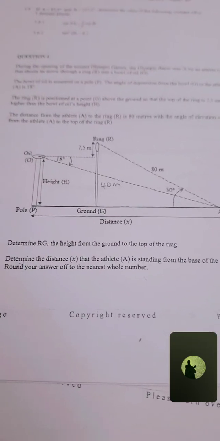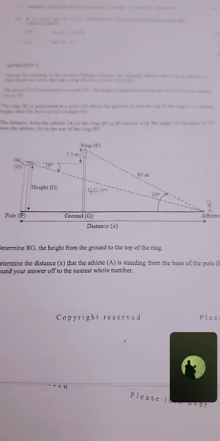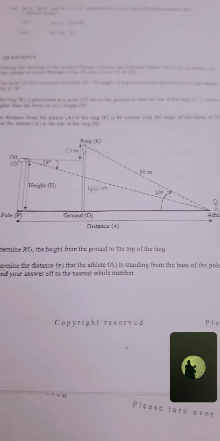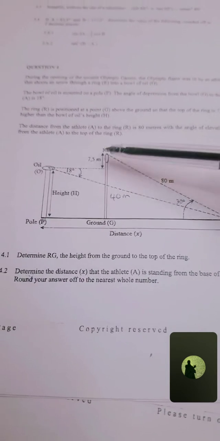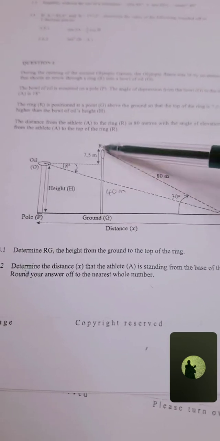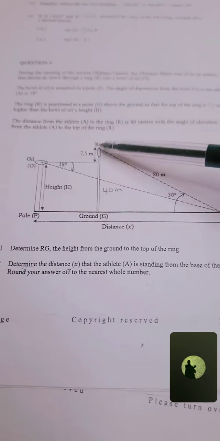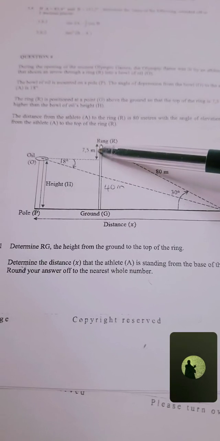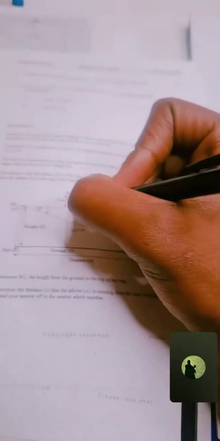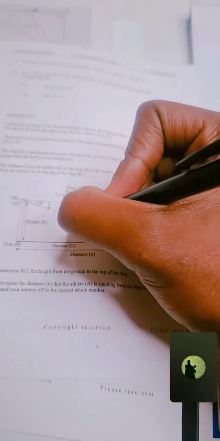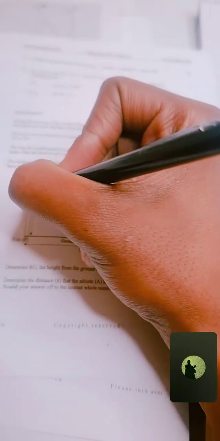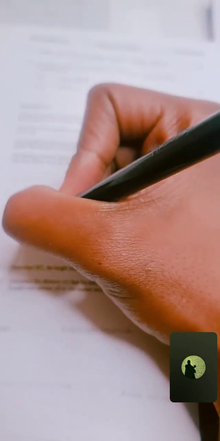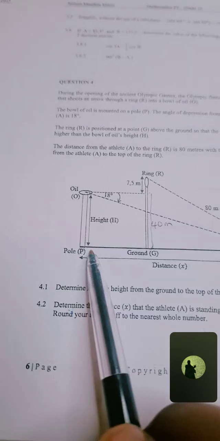Make sense? Okay, so it needed a little bit of thinking. So there's this connection between the height of RG, which is 40 meters. We subtract the 7.5, which will give us the distance from here to the ground, which is the same distance as from the oil to the bottom of the pole.